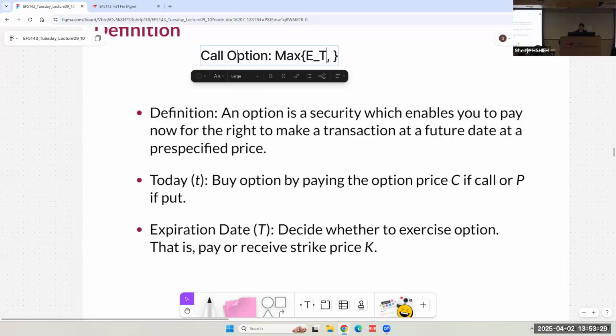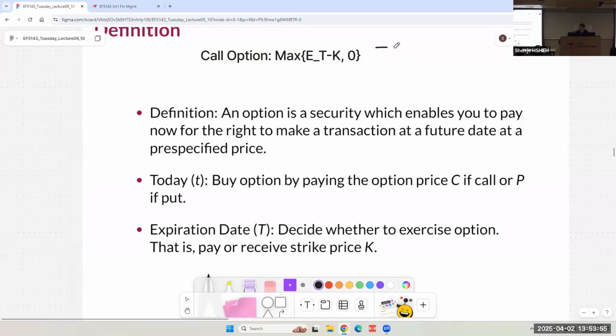I will only exercise if it beats some threshold K. This K is called a strike price. Otherwise, I will not exercise. If the payoff is zero, I will not exercise; obviously I don't want to exercise if I have a negative payoff. So that's the idea. You can already see the nonlinearity.